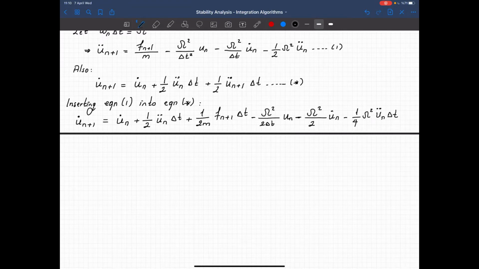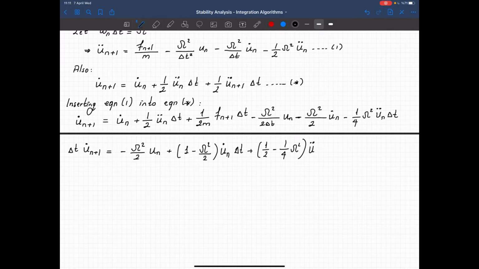So rearranging the terms, I'll have the following: delta t u dot n plus 1 is equal to minus omega squared over 2 u n plus 1 minus omega squared over 2 u dot n delta t plus 1 over 2 minus 1 over 4 omega squared u double dot n delta t squared plus f n plus 1 over 2m delta t squared. Let this be our second equation.